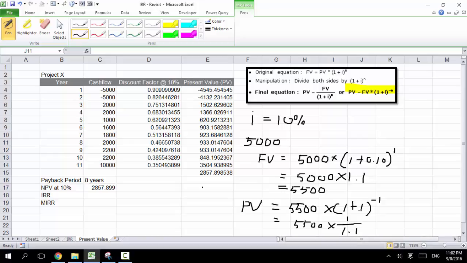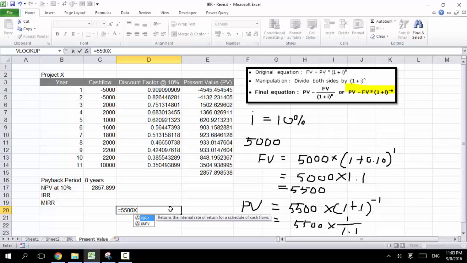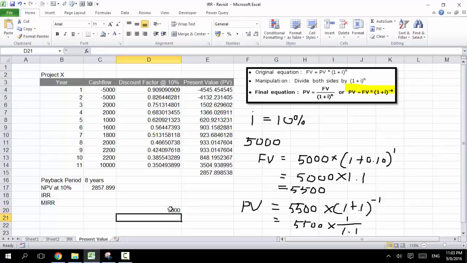Okay, so let's do an Excel formula then. It's about 5,500 times 1 over 1.1, and you get exactly 5,000.